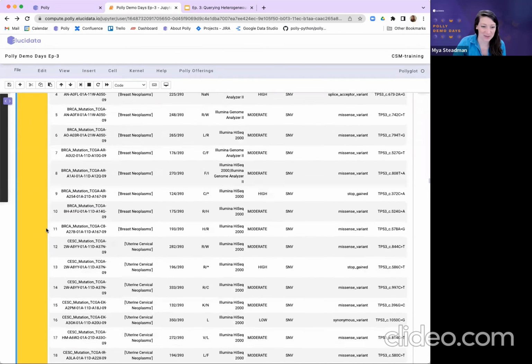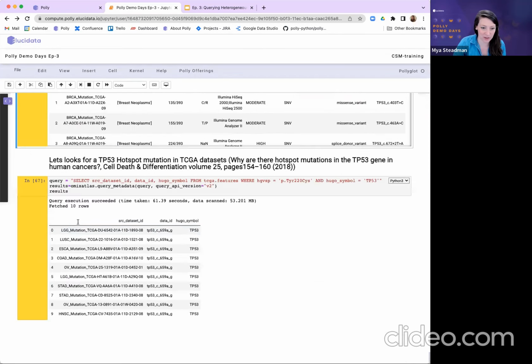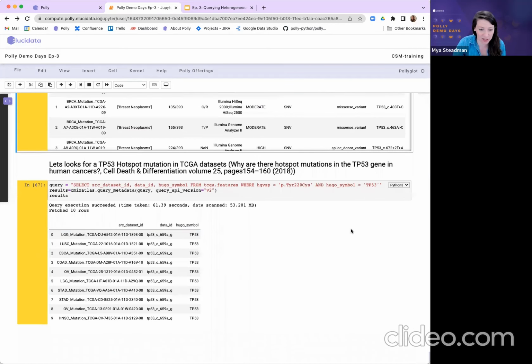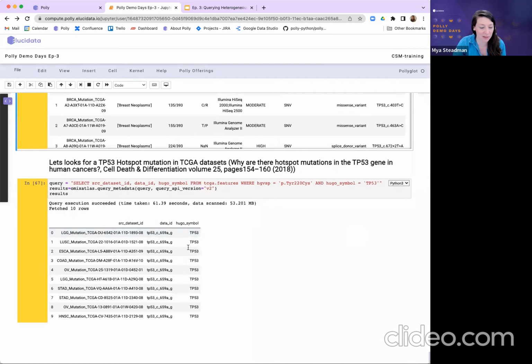Okay, so we are just about out of time here. You want to just quickly talk about the last thing that we did? This is really simple, which people like doing, and I personally also like doing. There are actually 10 hotspot mutations in TP53.